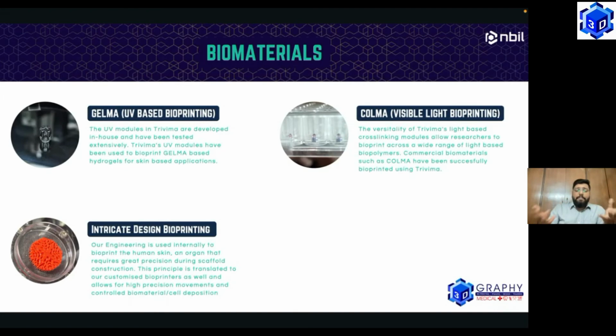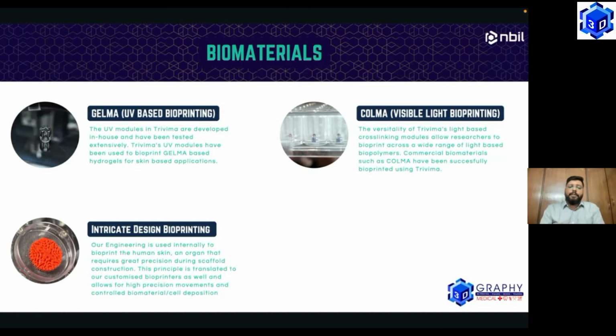So we help our research partners, as well as our clients who use the printer, to optimize their designs, and to understand how they can really get the complete advantage of the bioprinter. We have a saying within NBL where we allow the researcher to hack the printer. Most printers come with a locked system.